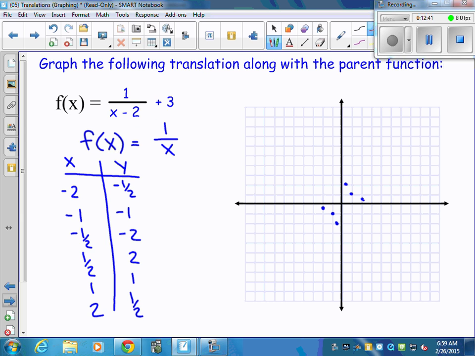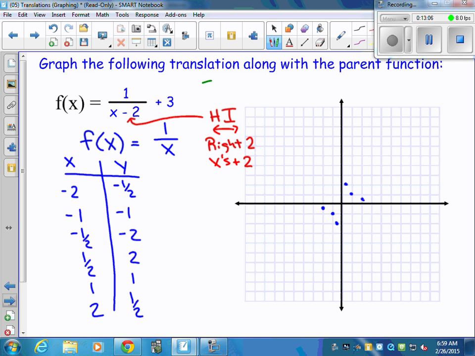Looking at our transformations, we've got a -2 on the inside, horizontal. Head shake tells us we don't trust what we see. So this graph is going to move to the right 2, or my x's are going to be added by 2.